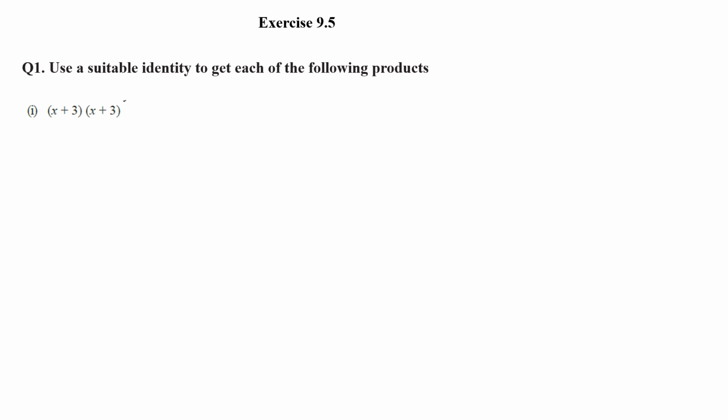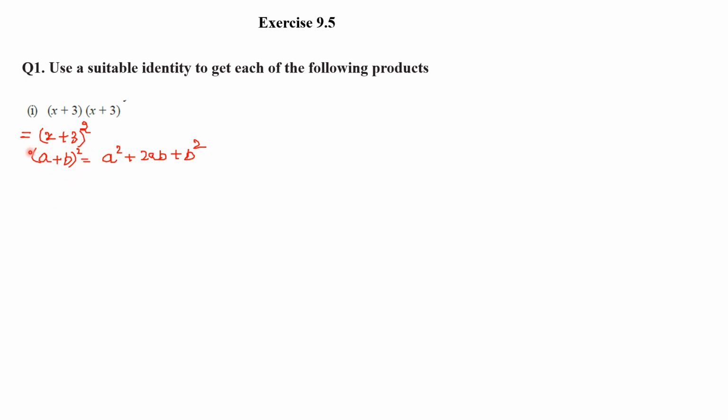So here I can write x plus 3 into x plus 3 as x plus 3 whole square, isn't it? And we have seen there was an identity a plus b whole square, which is equal to a square plus 2ab plus b square, right? Now, if I compare this with the question x plus 3 whole square, I can see my a is x and b is 3.